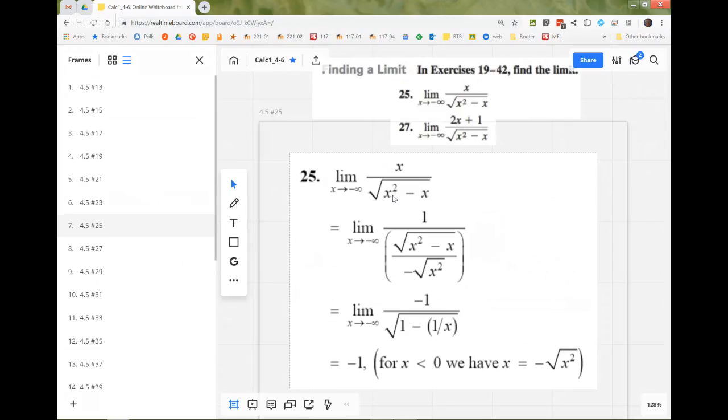So basically, the numerator and denominator tie. You look at the coefficients, and they're both 1, so you'd think the answer is 1. But because the limit is as x approaches negative infinity, and on the bottom, what do we have? A positive square root. So we're going to have negative 1 over positive 1, and that's the reason it turns out to be negative 1.